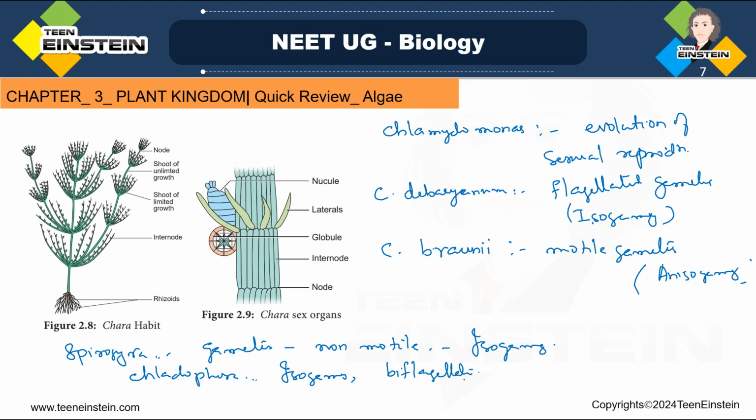Then Eudorina, another green algae. In Eudorina, the fusion is between dissimilar sized gametes because anisogamy is taking place.